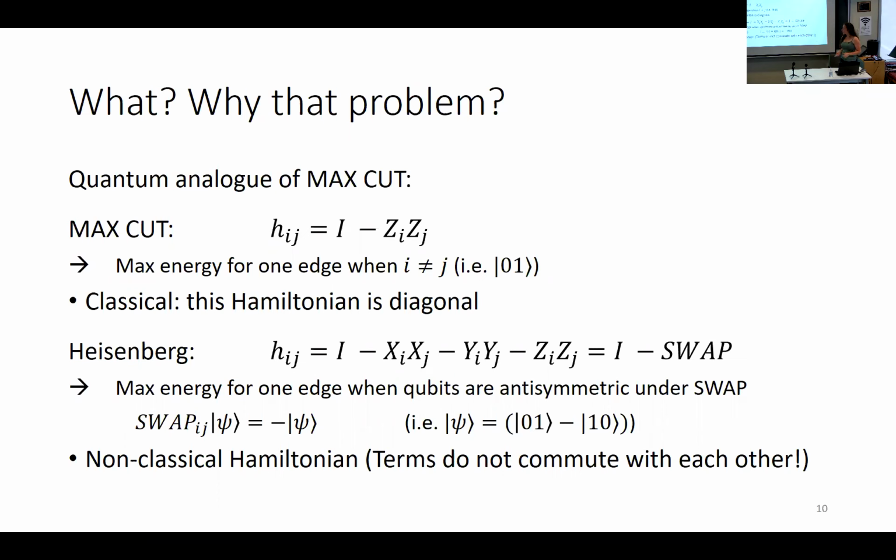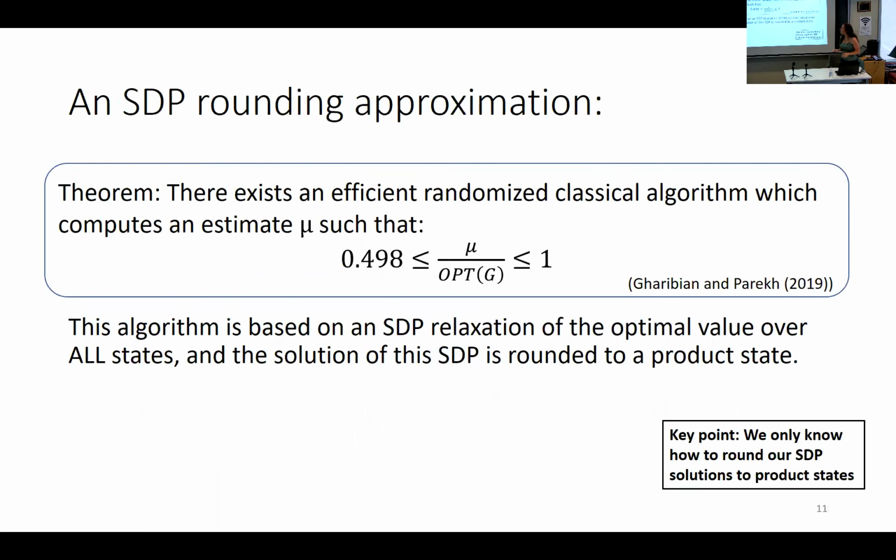All right. So how have people approached this in the past? Well, here's an example of an SDP rounding approximation, similar to max cut. Gharibian and Parekh showed that they can provide an efficient randomized classical algorithm to output an estimate of the energy that gets at least 0.498 of the exact energy.